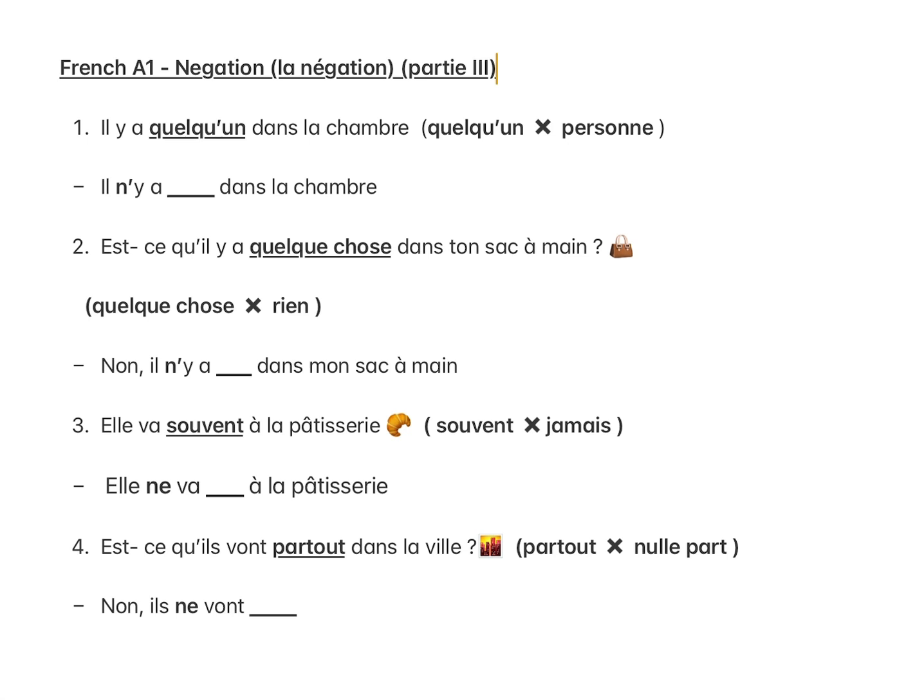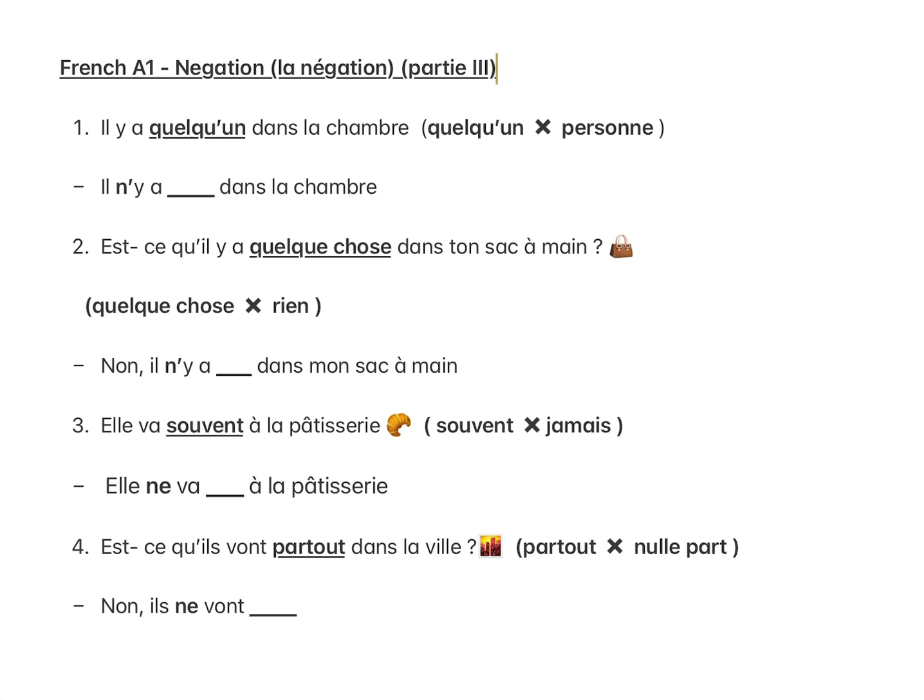In the last two videos, we saw how to negate a sentence in French. The first way, if we remember, was to add ne before the conjugated verb and pas after the conjugated verb.